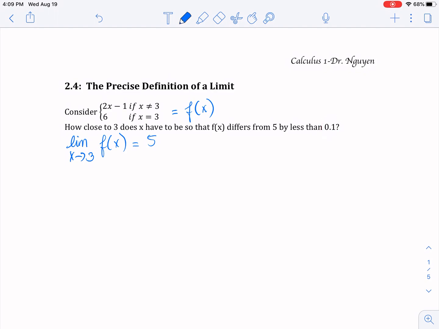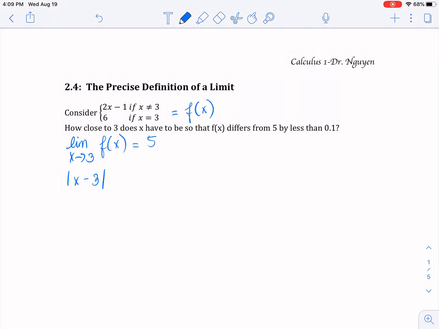Okay, so we're going to think of it this way. The distance from x to 3, we write |x minus 3|. This is the distance from x to 3. And the distance from f of x to 5 is the absolute value of f of x minus 5.